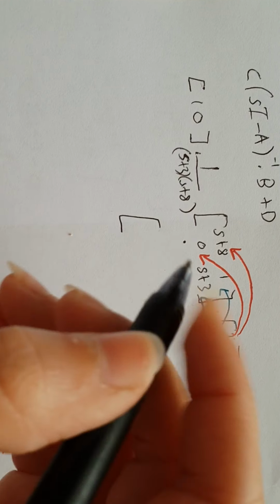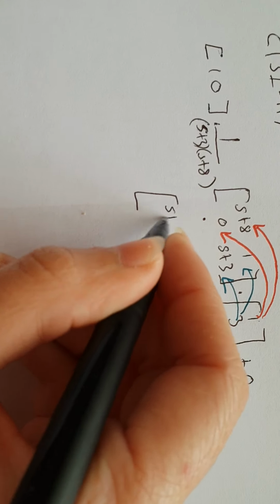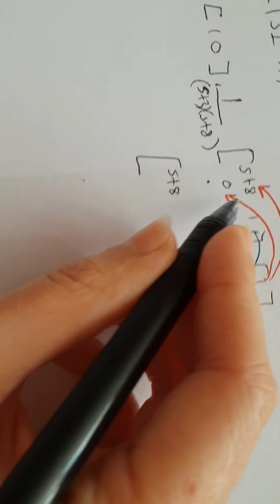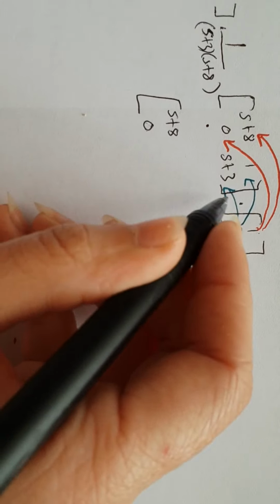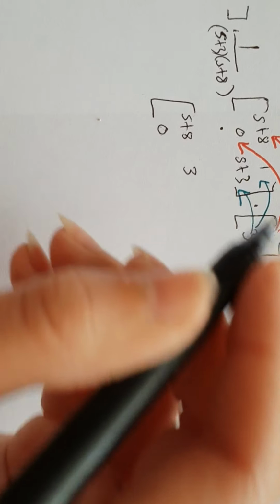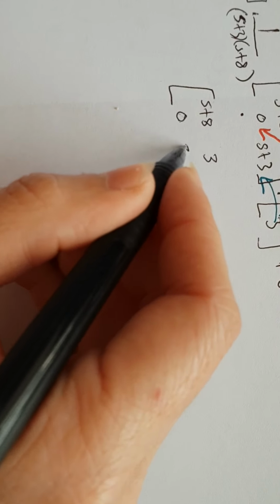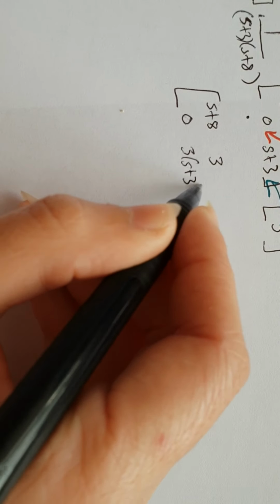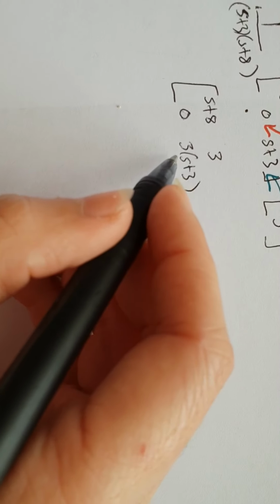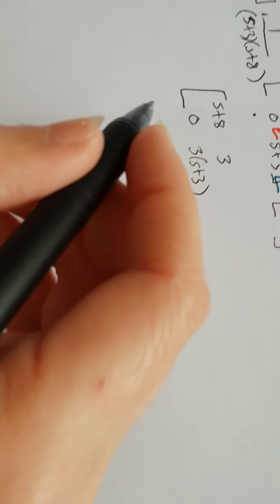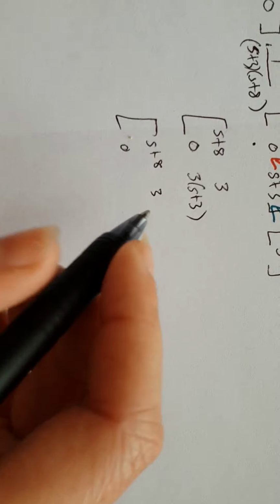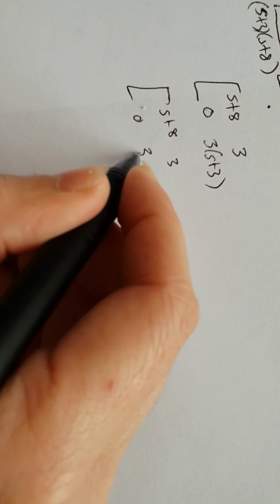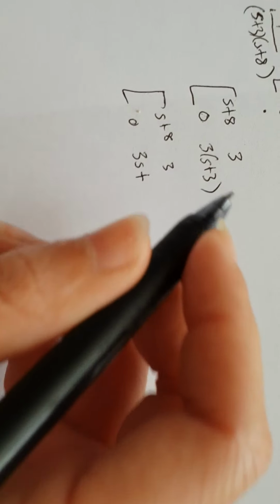So 1 times S plus 8 is just S plus 8. 1 times 0 is 0. Then 3 times 1 is 3, and 3 times S plus 3 is 3S plus 9.